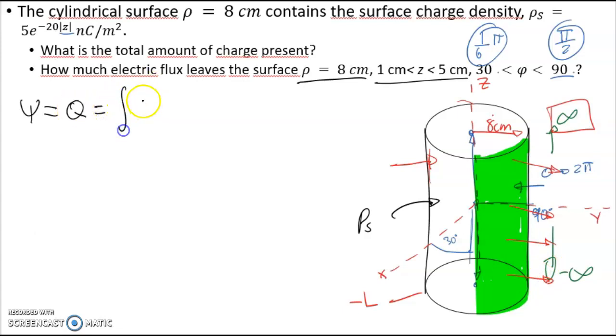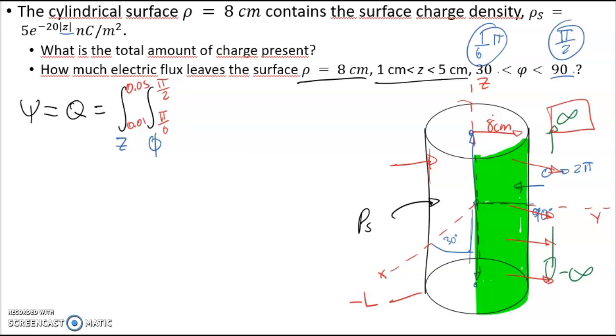Surface integration, a double integration. One corresponds to z, one corresponds to phi. The z is going to go from 1 to 5 centimeters, 0.01 to 0.05. The other one is going to go from 30 degrees, that's pi over 6, to pi over 2.